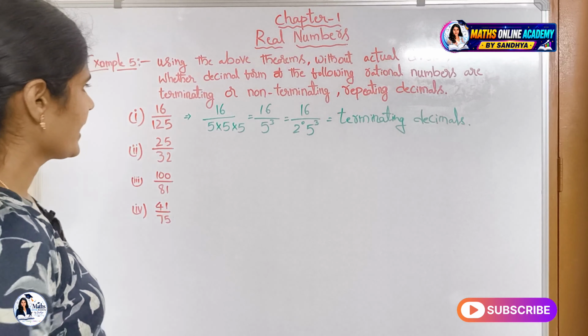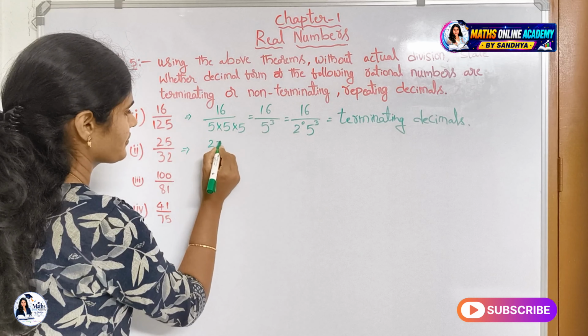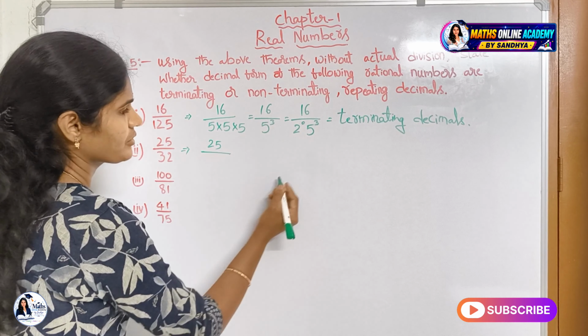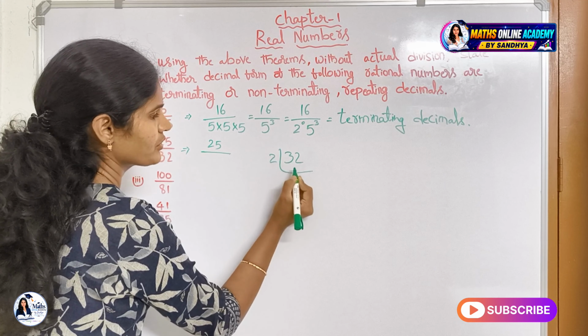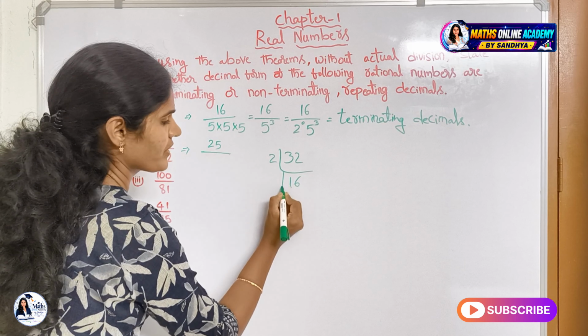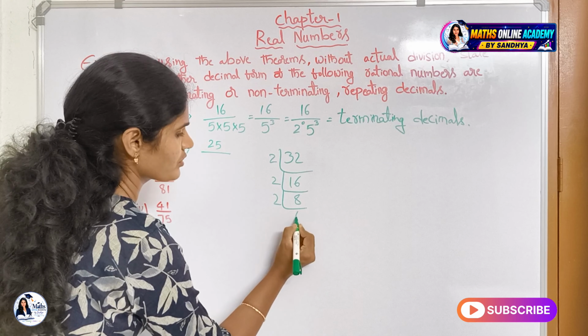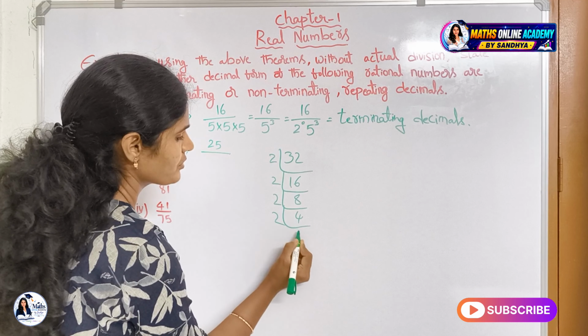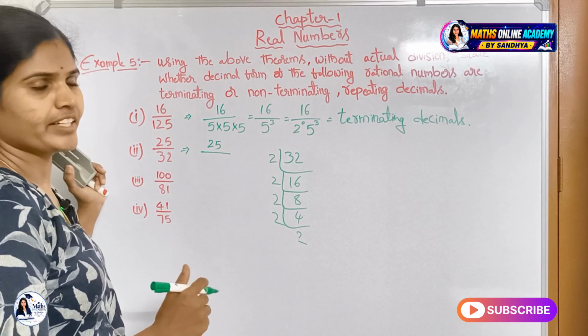Terminating decimals. And next one, 25 by 32. 32 factors as 2 into 2 into 2 into 2 into 2. How many times? 1, 2, 3, 4, 5. 5 times.